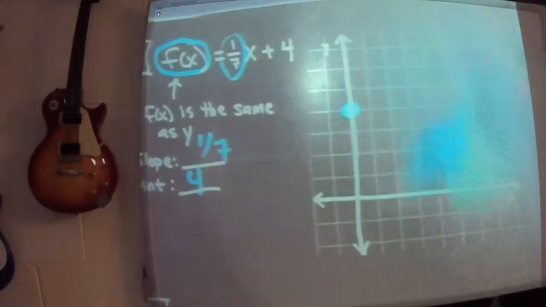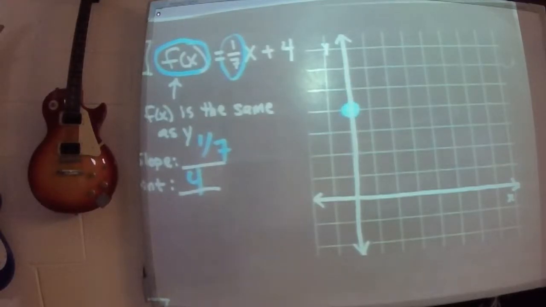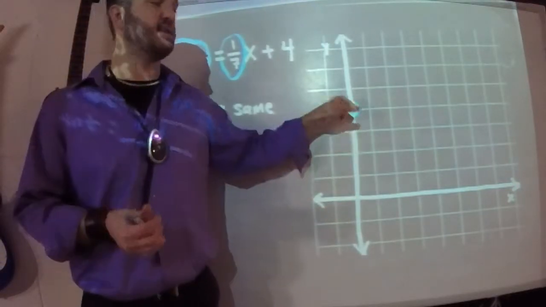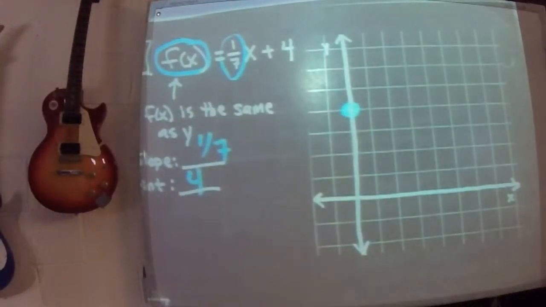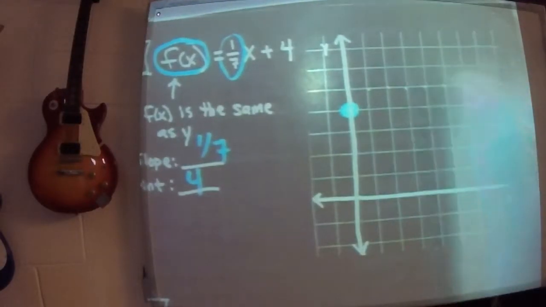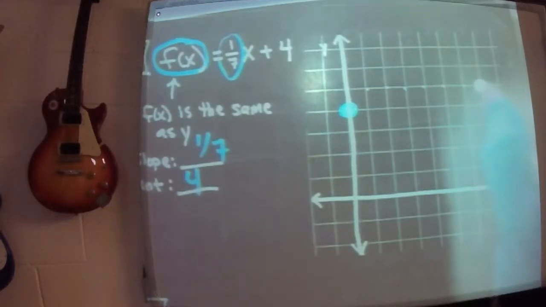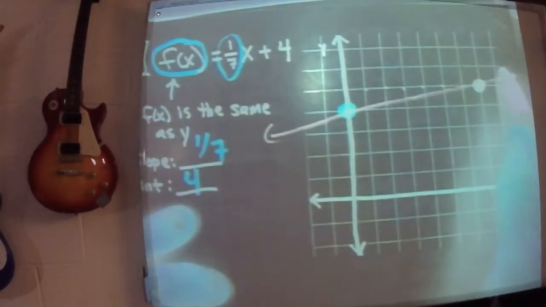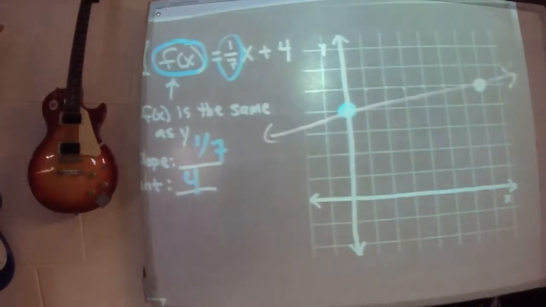And then from there, go up 1 over 7. Notice, do not do 1 over 7 from the origin. Do 1 over 7 from this point right here. Up 1 over 1, 2, 3, 4, 5, 6, 7. It's very, very flat. 1 over 7 is a very flat line.